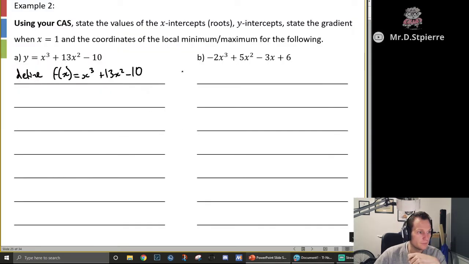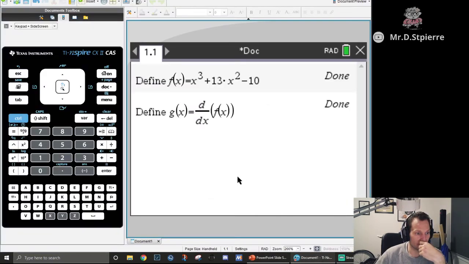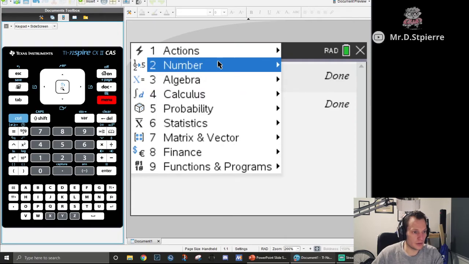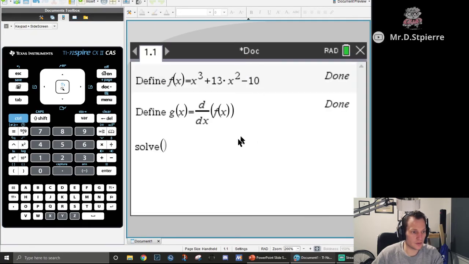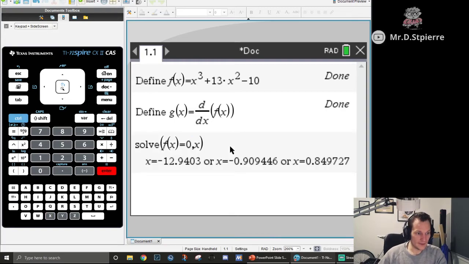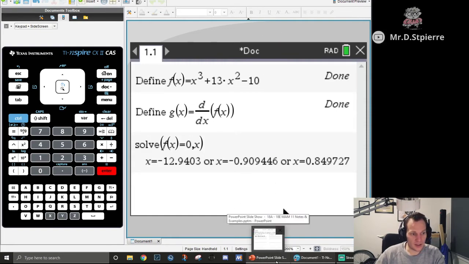So in the PowerPoint, state the values of the x-intercepts. First off, x-intercepts relate to the original function. We want to go menu, algebra, solve, and we want to solve f of x equal to 0. We're making y equal to 0 and solving for x. And there are our 3 intercepts. I'm just going to write them to 2 decimal places so I can remember easier.